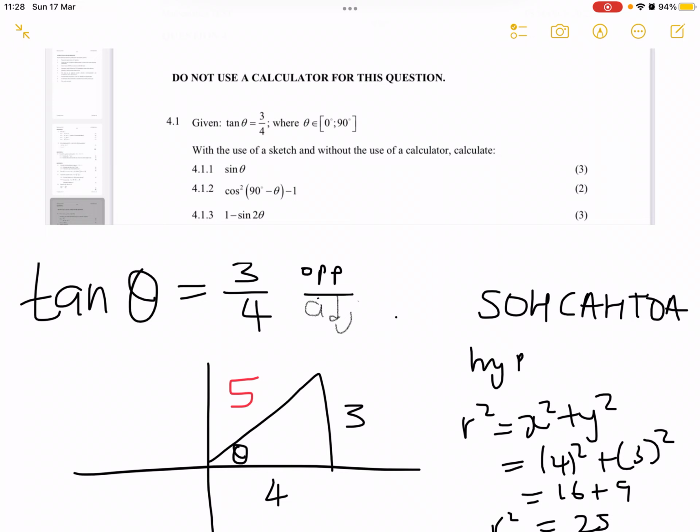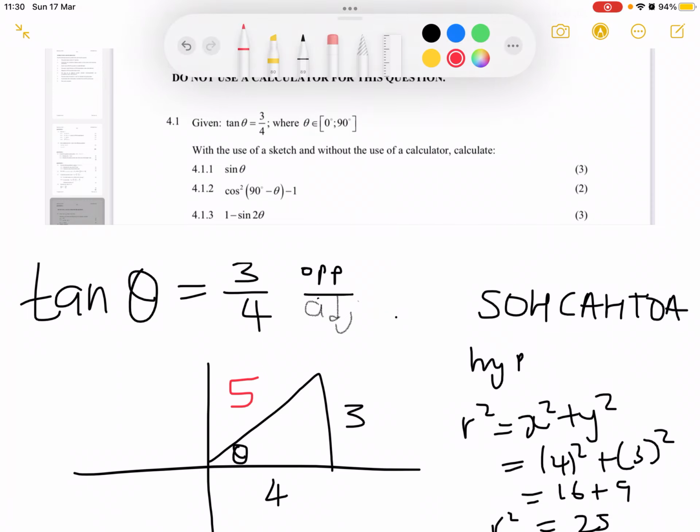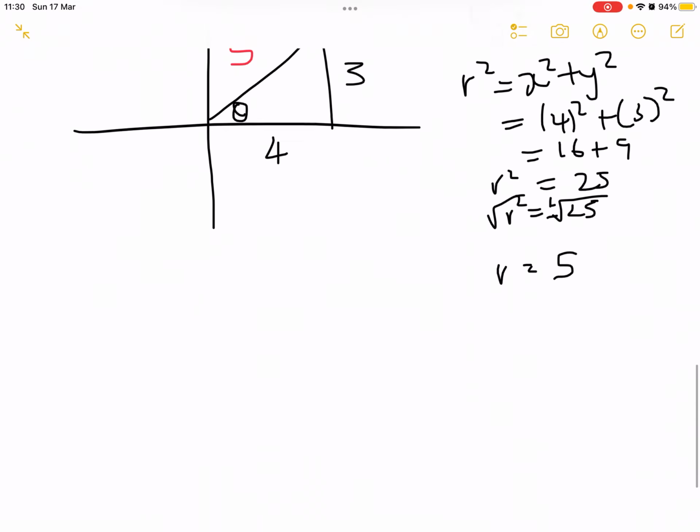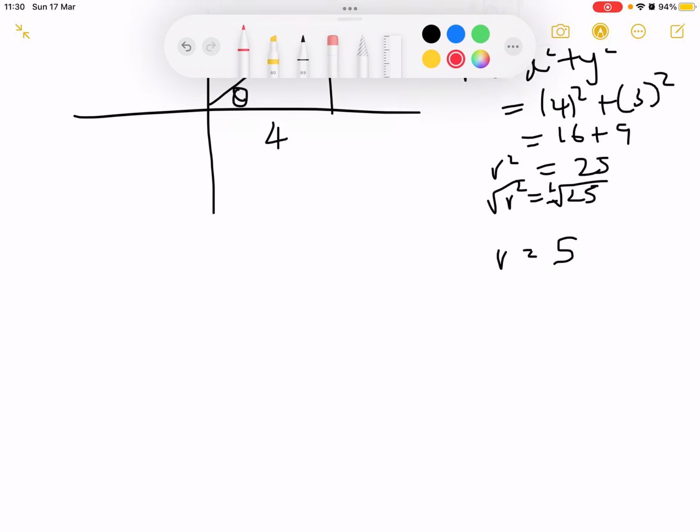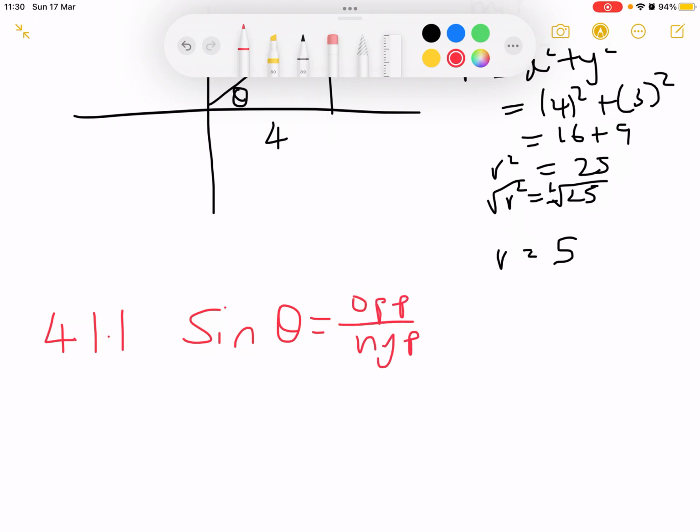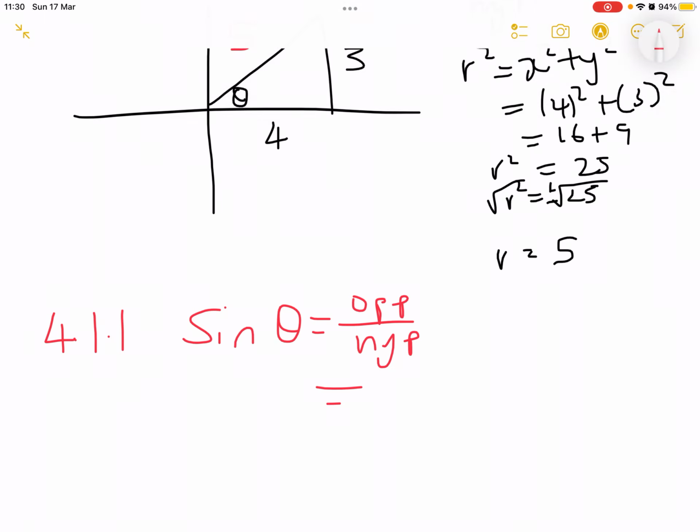You've already given us a diagram here. Sine theta is the opposite over hypotenuse, which is equal to, what is the opposite side here? The opposite side is 3 all over the hypotenuse, which is 5, and then you get your answer there if you have the correct diagram. So the diagram is part of the solution.